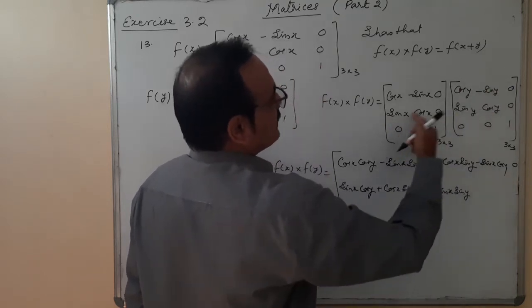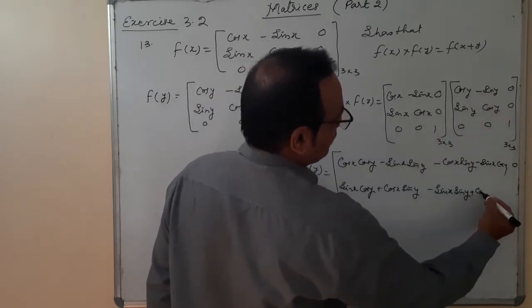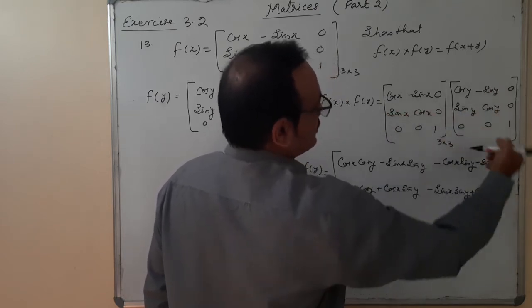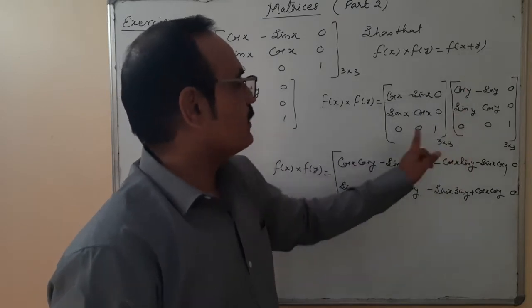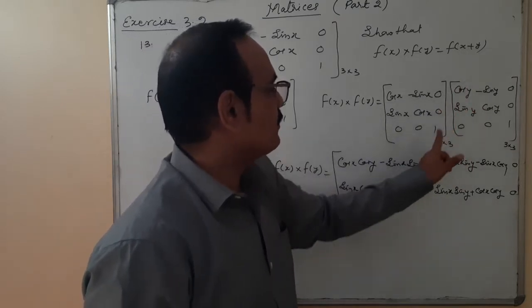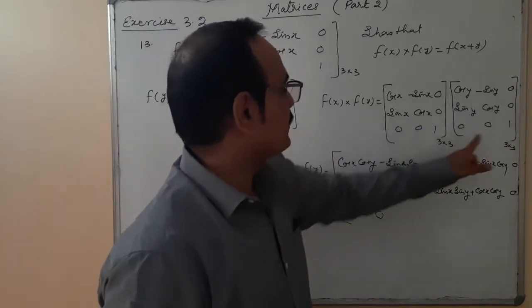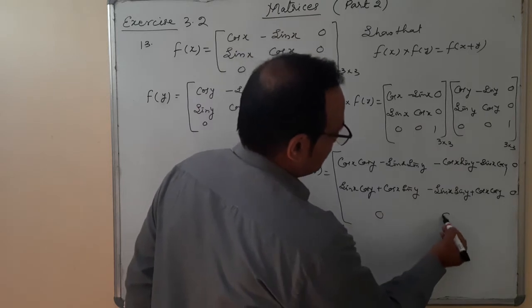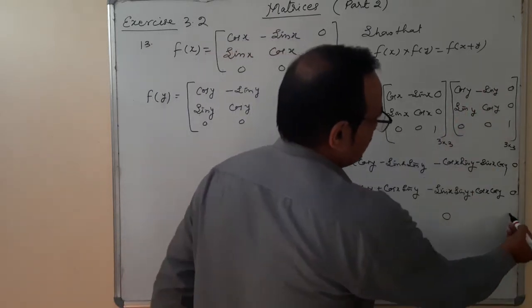Second row, second column: minus sin x sin y plus cos x cos y, and the third one is 0. After that, third row, first column, it is 0. Third row, second column, it is 0. And the third one is 0, 0 and 1.